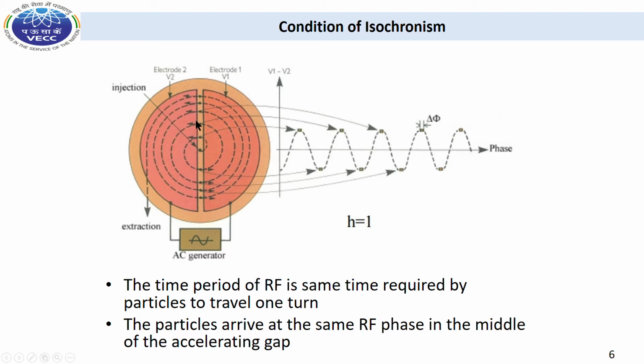One D attracts and other D repels the charged particle, and particle gets accelerated at each gap while crossing. Here we can see the time period of the RF is the same as time required for a particle to travel one turn. So in this accelerating gap, particles see the same RF phase.